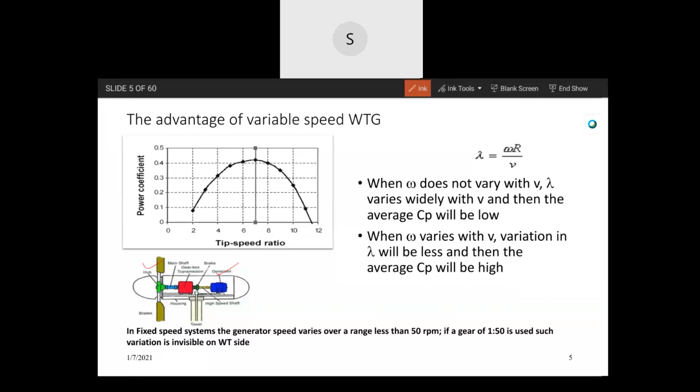Now, I hope you are an electrical engineer. So you know that in an induction machine, the slip varies hardly 3% to 5% from no load to full load. That means to deliver a certain amount of power, a certain speed, rather slip, is required.